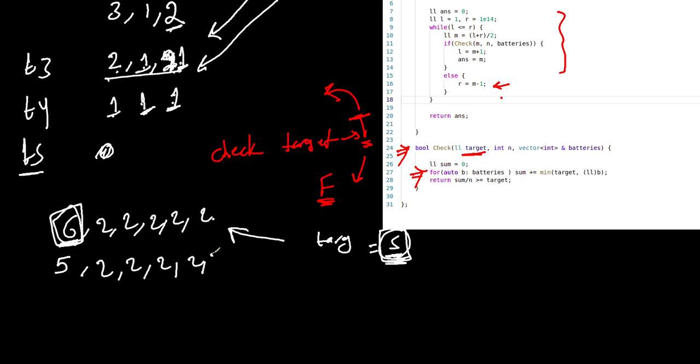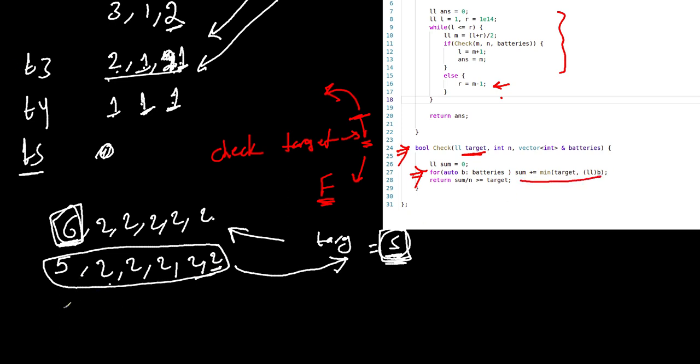And then we check if it's possible to reach this target, and because we said we take advantage of every value in the batteries, we just do the summation. So here we have 5 plus 2 plus 2 plus 2, this equals 15.